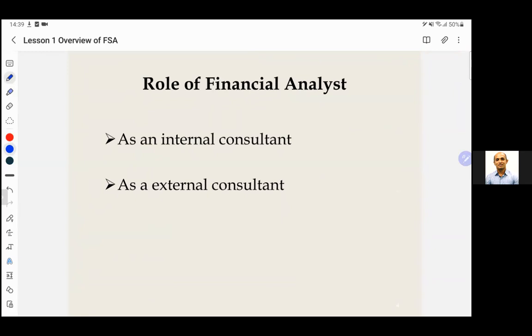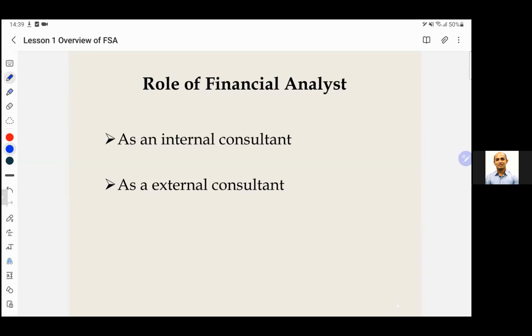As an internal consultant, you support the company's management's decision-making process. What you do is you provide the company's management analysis information to support their decision making.